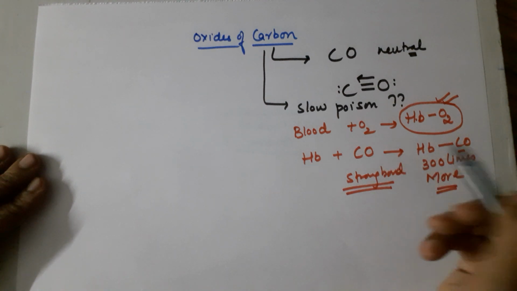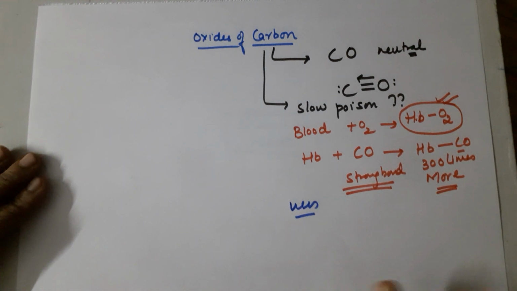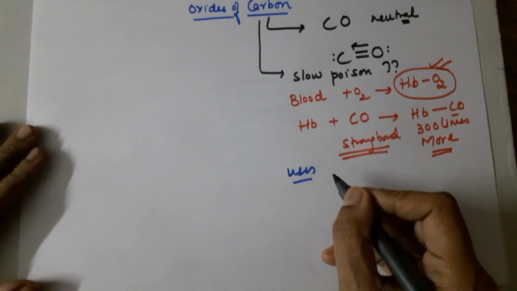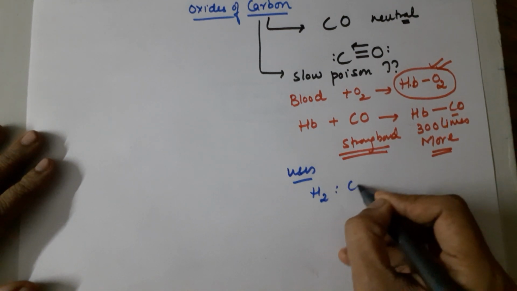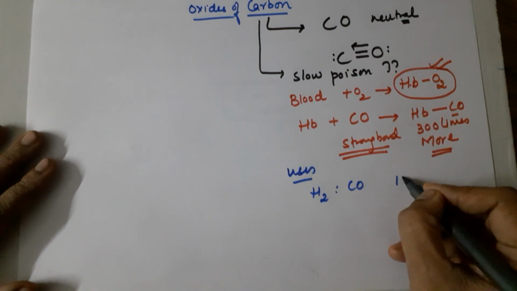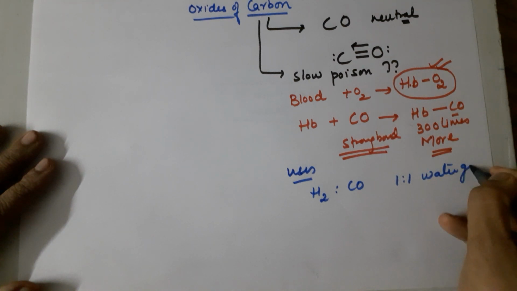Other than this, carbon monoxide has got uses. If you have a mixture of hydrogen gas and carbon monoxide gas in the ratio of 1:1, this is called water gas.